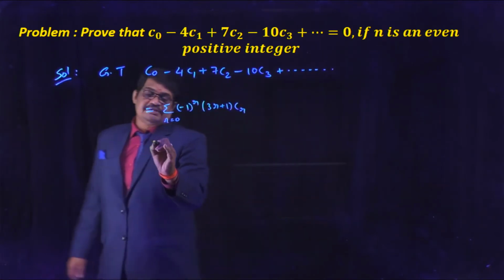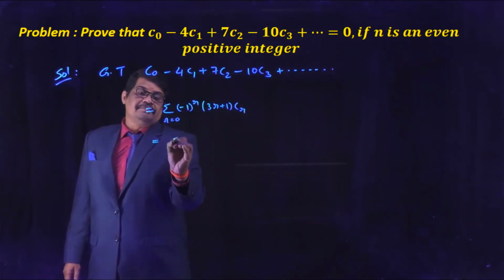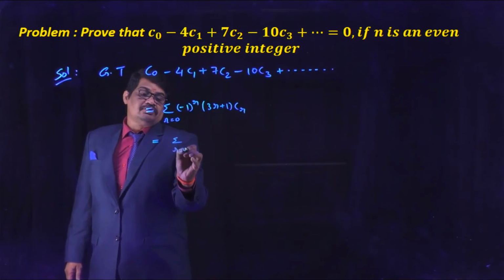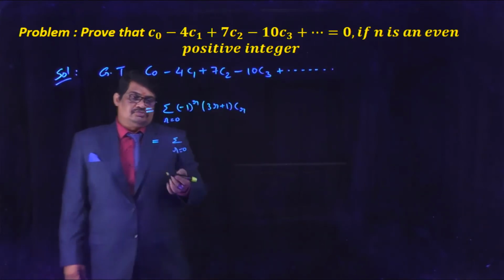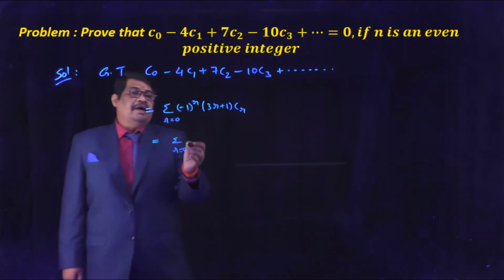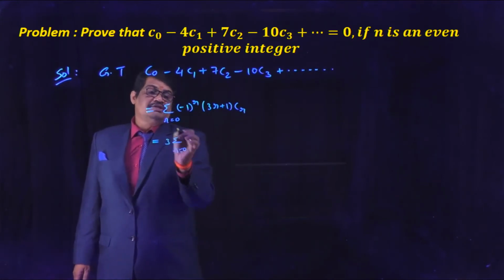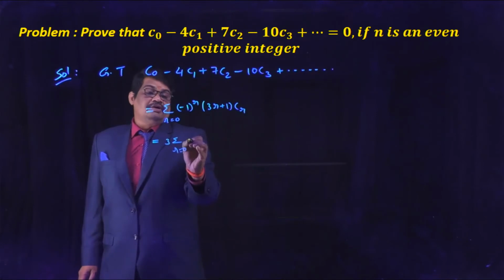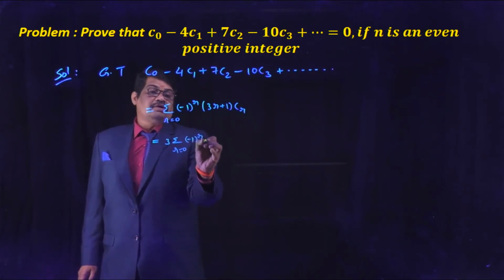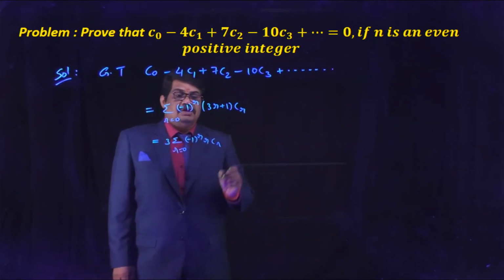That is equal to sigma r equal to 0 to n, minus 1 to the power of r. Now 3 is the constant, so we have 3 times minus 1 to the power of r into r Cr. That is the first term.